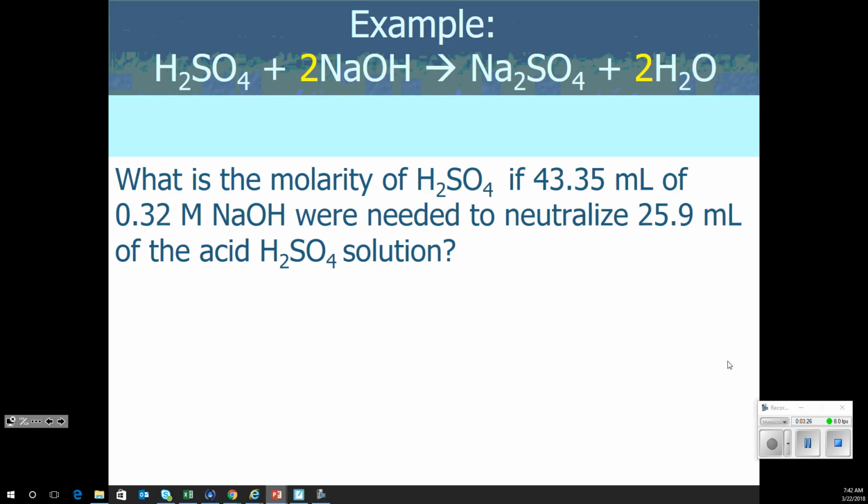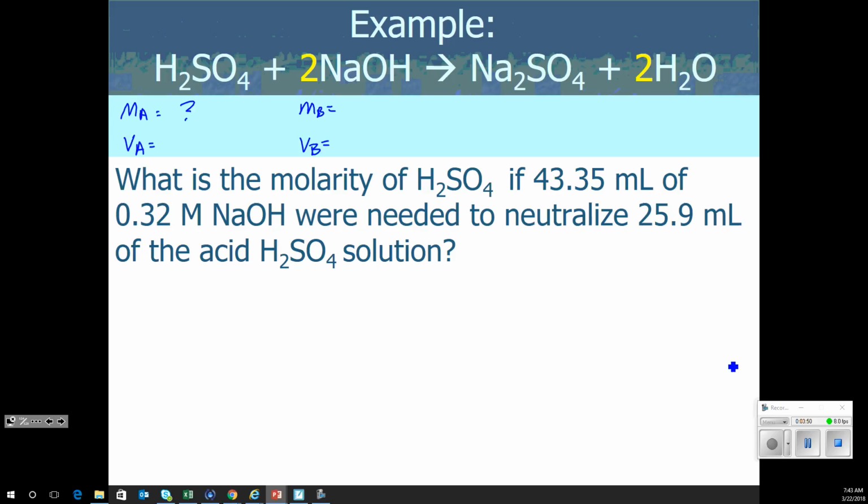So this one I would need the MA, I would need the VA to put in the equation. This one I would need the MB, I would need the VB to put in the equation. So as I'm going through my story problem, I can say, okay, what do I need? It says, what is the molarity of the acid? I don't know what that is, so I'm going to put my question mark. That's my X.